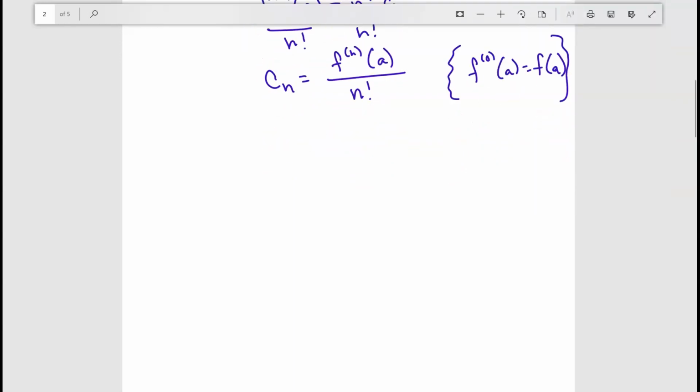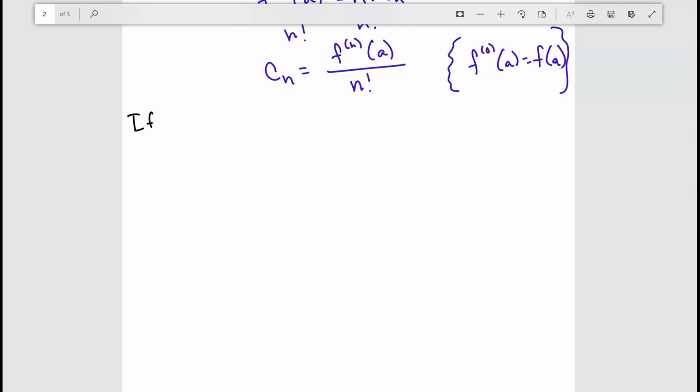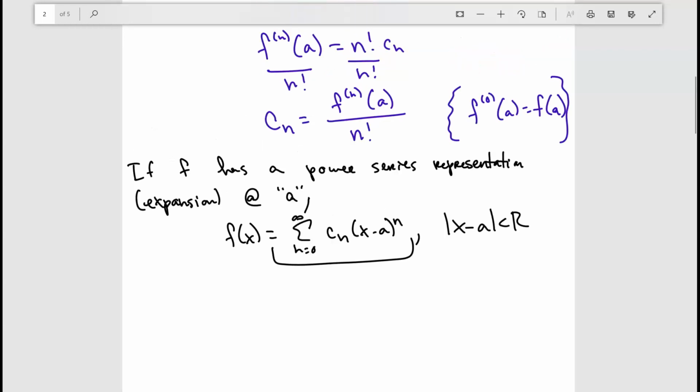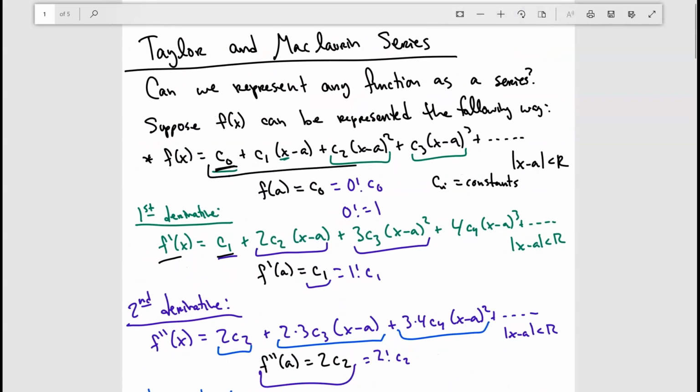If f has a power series representation, or we're also going to call it expansion, at a, some value a, and you can express f of x as the sum from n equals 0 to infinity of Cn times (x minus a) to the n power, provided that the absolute value of x minus a is less than R. Notice that this thing is just what we expanded up here from the very beginning, what we assumed.